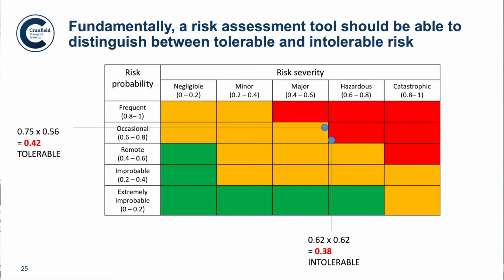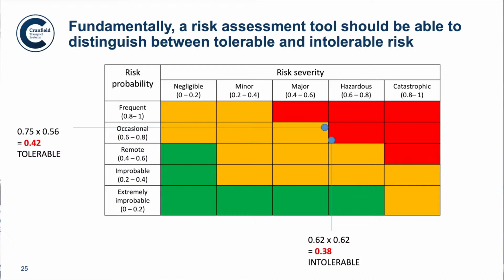This is a very sort of condensed way of explaining some of Cox's argument, or his critique on risk matrices, because fundamentally there, the risk matrix isn't doing what we need it to do. It's not able to distinguish between tolerable and intolerable risk. And it's these kinds of fringe cases where risk matrices can become unstuck.